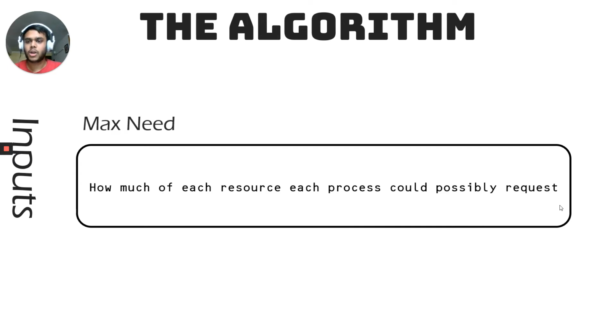This one is important. Maximum need: the maximum amount of resources each process needs to execute completely. We need to know this beforehand, otherwise the algorithm is of no use.